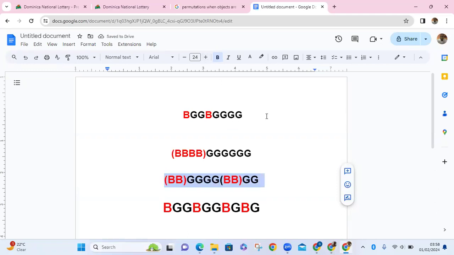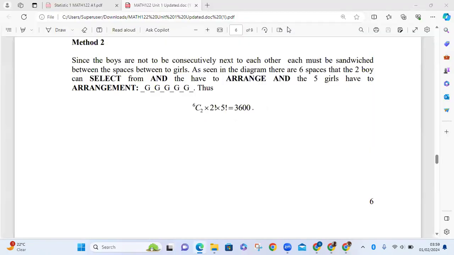So therefore now you have to apply method number 2, which is this method, and it applies to any number that you want to group up and calculate not being next to each other.